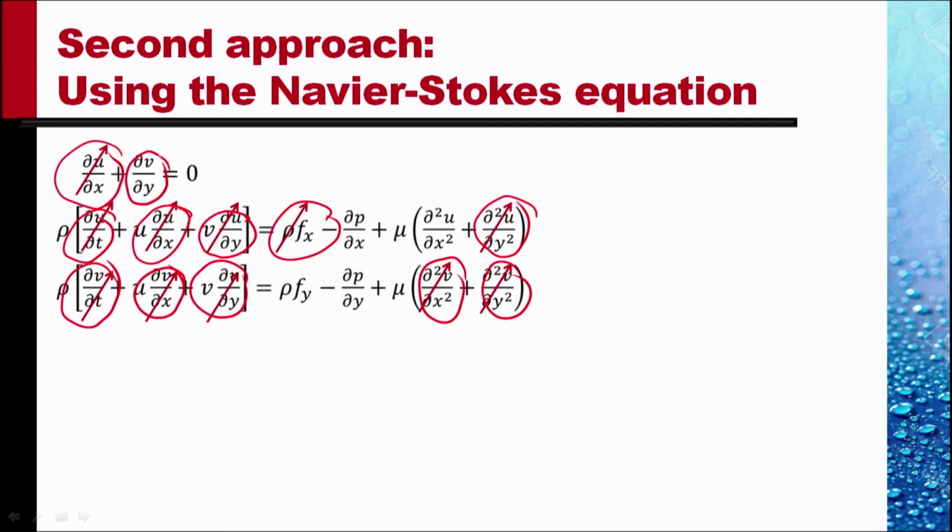That means v is not a function of y. v at the lower plate is 0, v at the upper plate is 0, and v is not a function of y, so that means v must be 0 everywhere. So after dropping all these terms, we recover the same equations as we had in the last slide. d square u by dy square is equal to p prime by mu. Same equation as in the last slide.